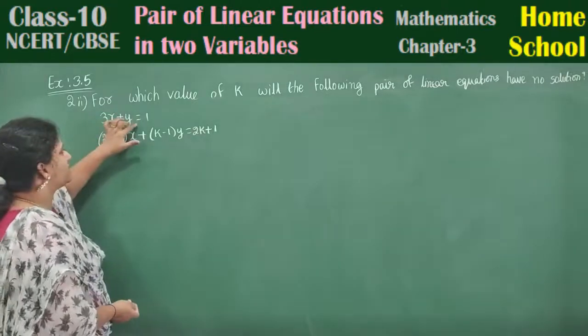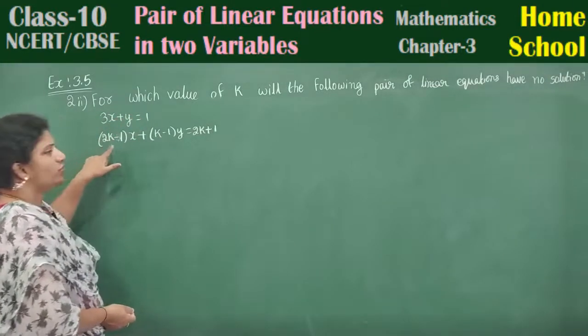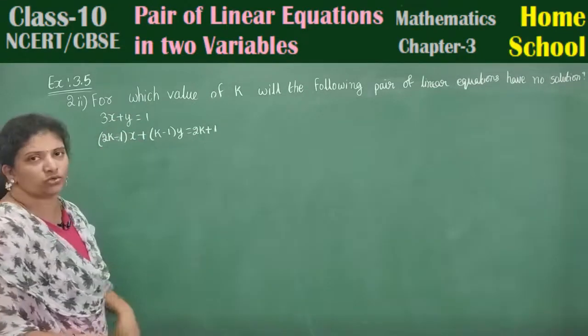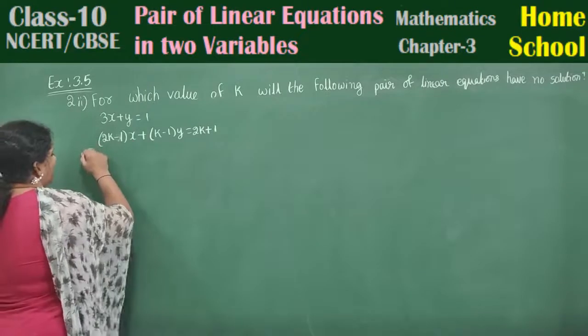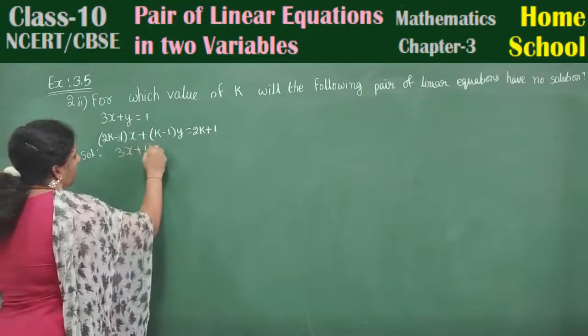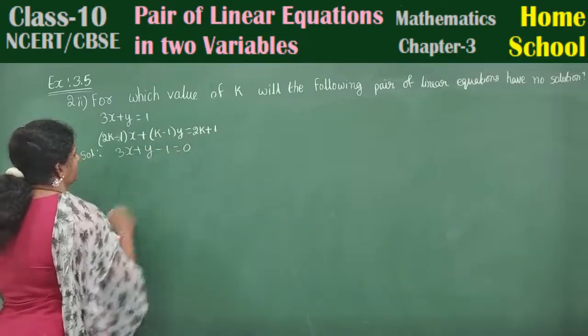So, 3x plus y is equal to 1, and 2k minus 1 into x plus k minus 1 into y is equal to 2k plus 1. Rewrite the equations first. 3x plus y minus 1 equal to 0.